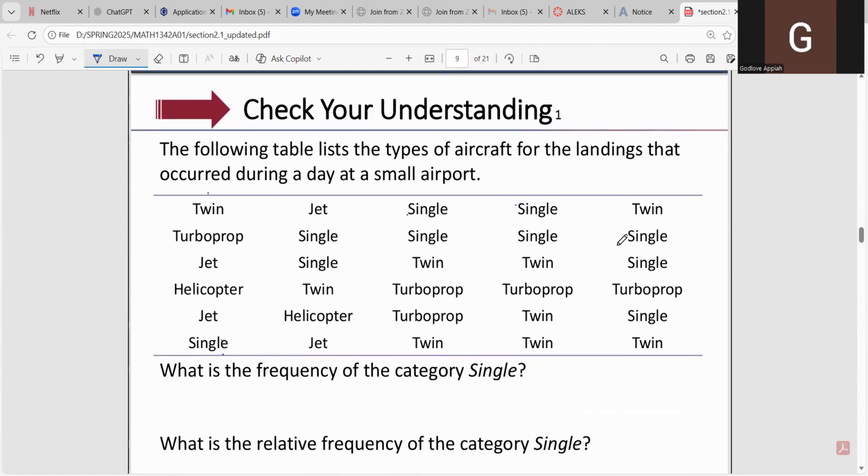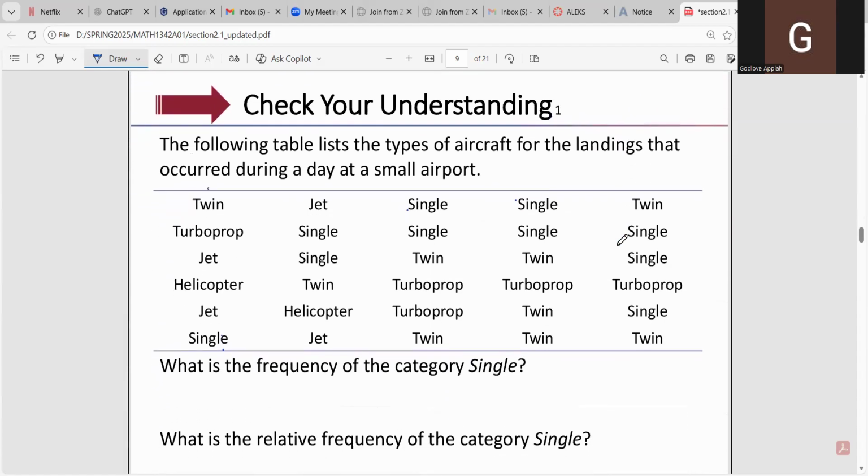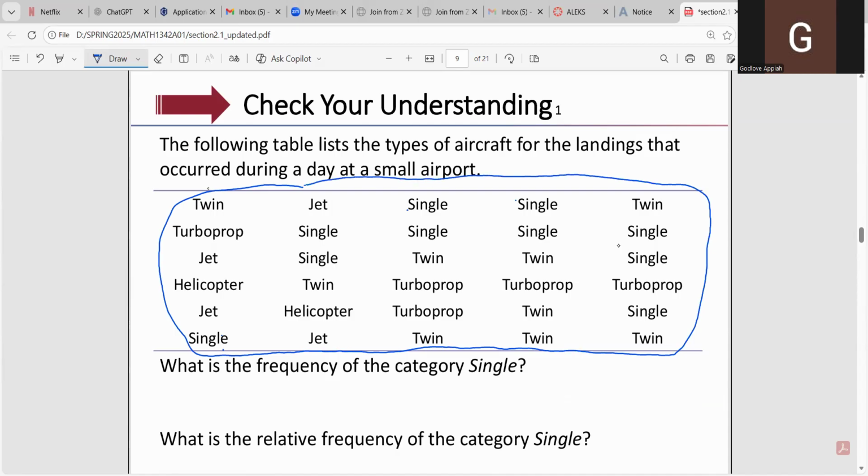So I would want you guys to actually answer this one. So let's read the problem. The following table lists the types of aircraft for the landings that occurred during a day at a small airport. So if you look at the data set, you can clearly determine that this data set is going to be qualitative data because the observations are non-numerical and we cannot assign any value to these observations.